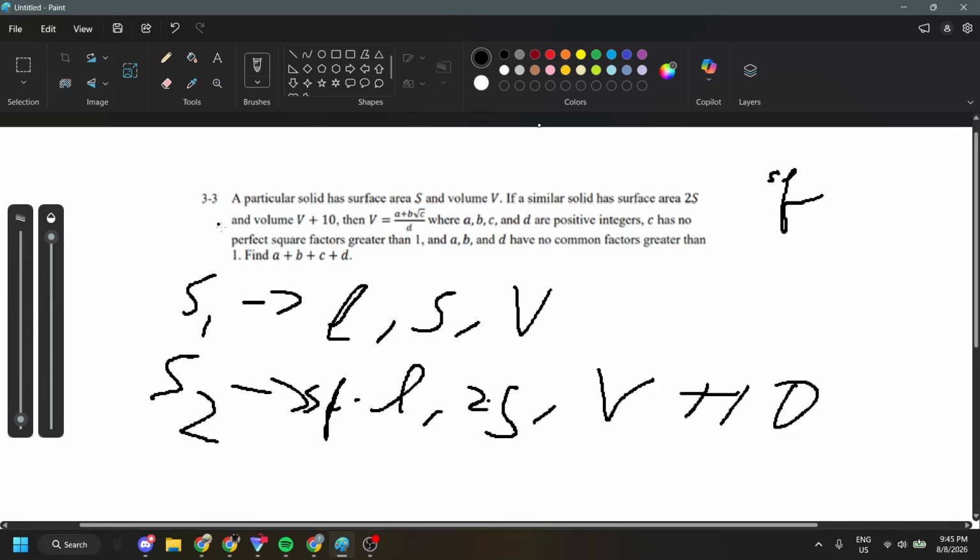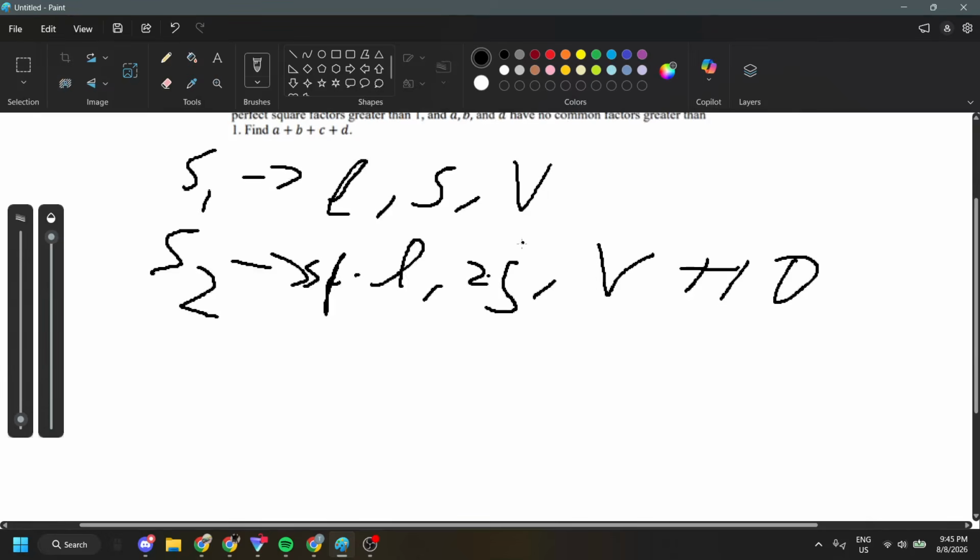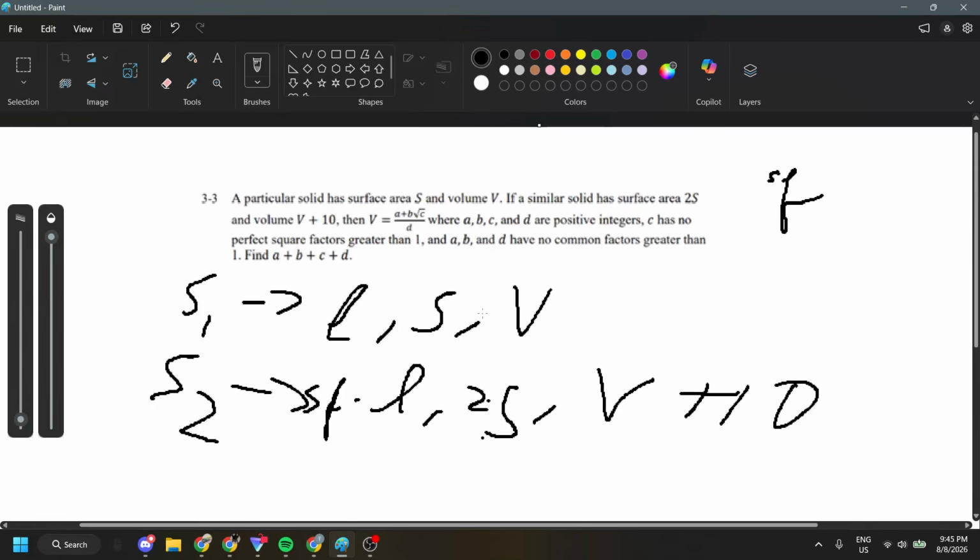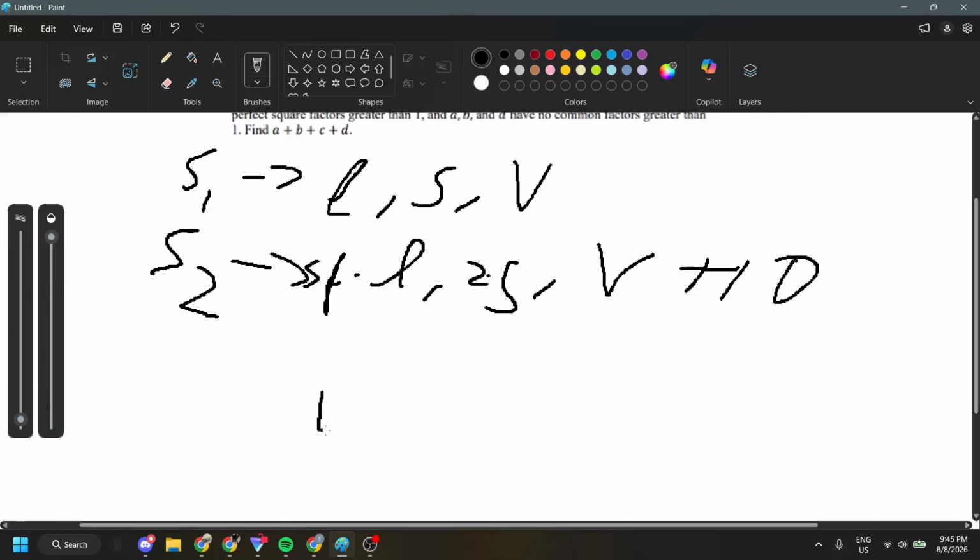Well, let's pretend that this solid is a cube, for example. Let's say edge length 1. That would mean its surface area is 6, and its volume is 1.